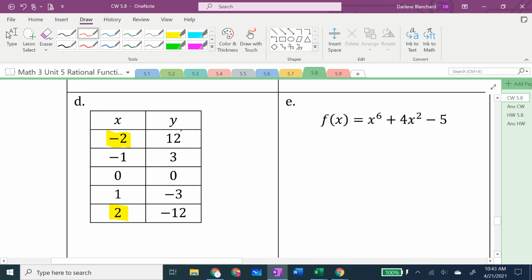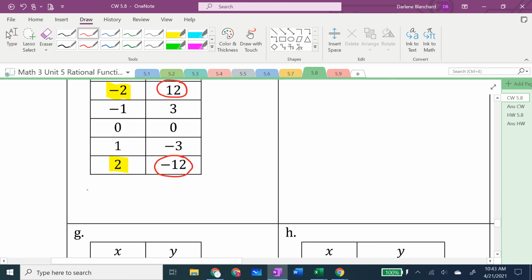For that one pair, the y values are opposite signed. At this point, even is not going to happen. So essentially it's either even, or odd, or neither. Once you determine that something can't be even or odd, it narrows it down. This is either odd or it's neither. So I want to keep looking.